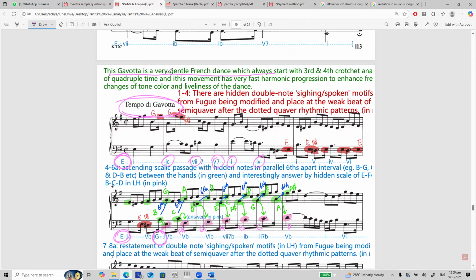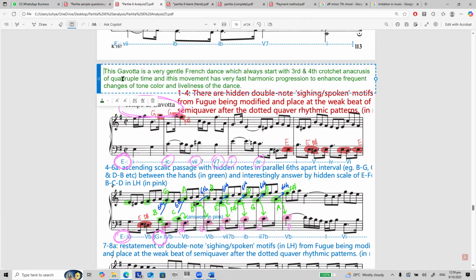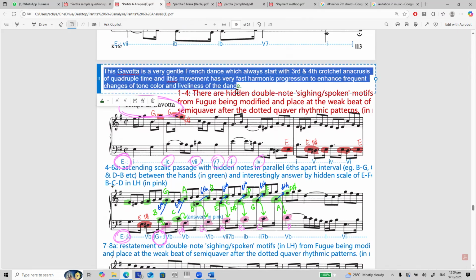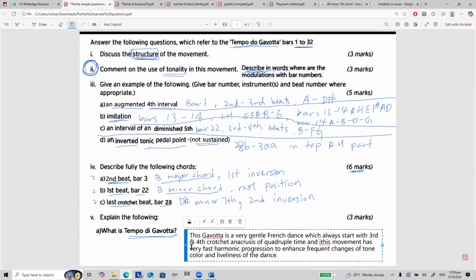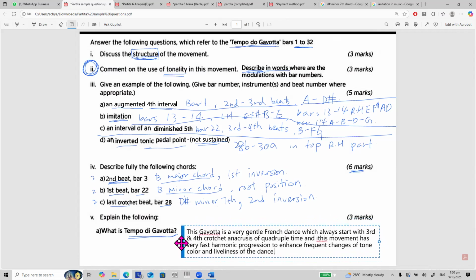You can use this answer for the exam. This one will be your full answer. During the exam, you'll be given a separate piece of paper, so you can answer it there. So this is the explanation.